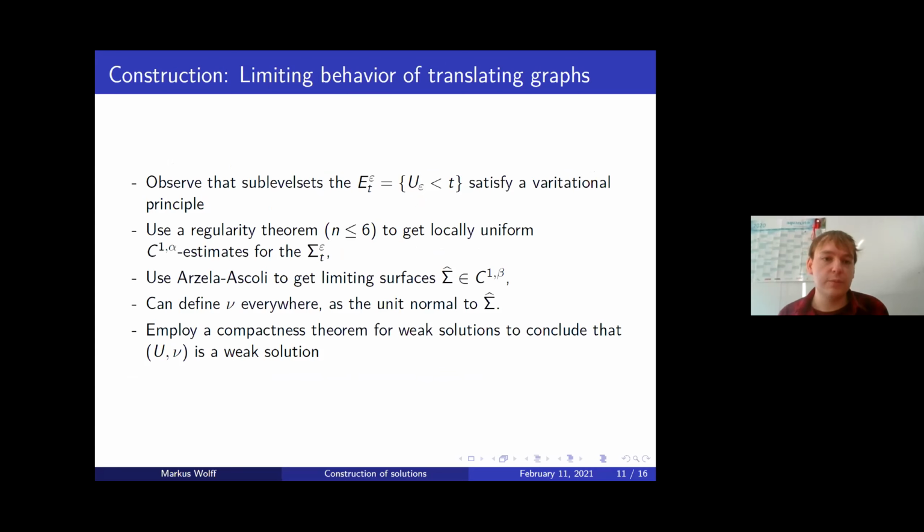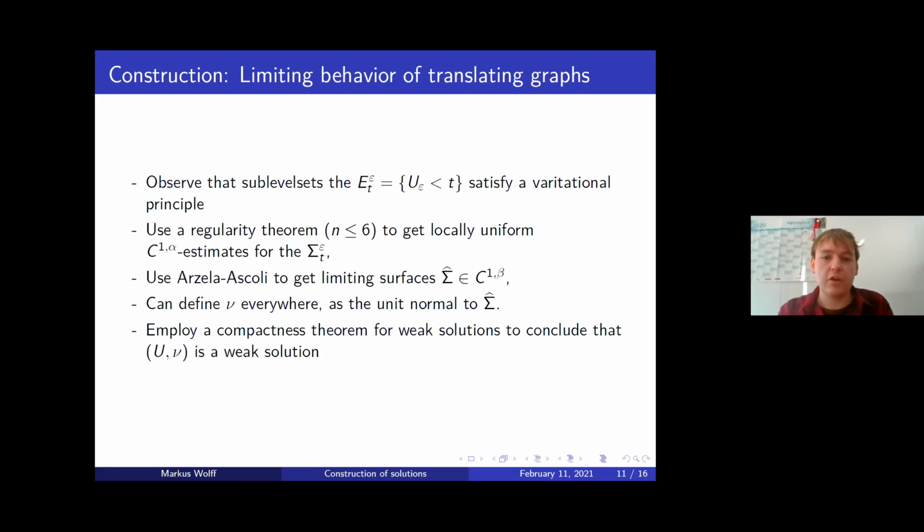This variational principle allows us to use a regularity theorem from geometric measure theory, and this is where our dimension restriction comes in, to get locally uniform C1,alpha estimates for our translating graphs. Now using Arzela-Ascoli, we can extract limiting surfaces, sigma t, which are still in C1,beta. And now we can use these limiting surfaces to find our unit normal.